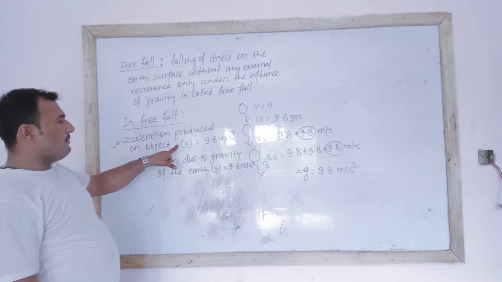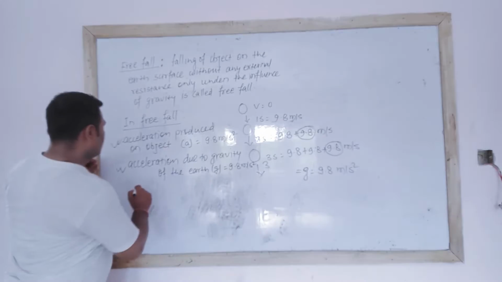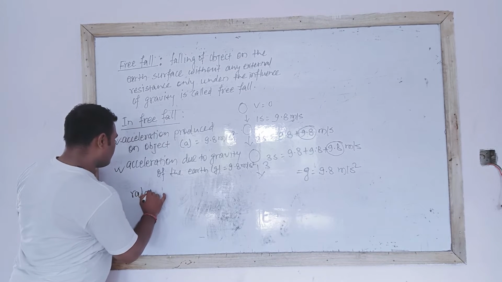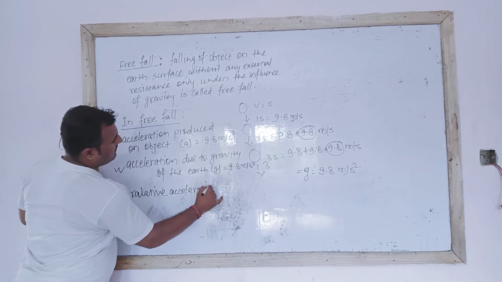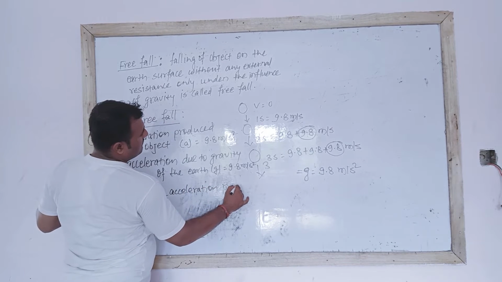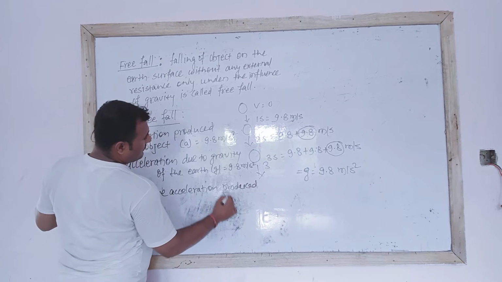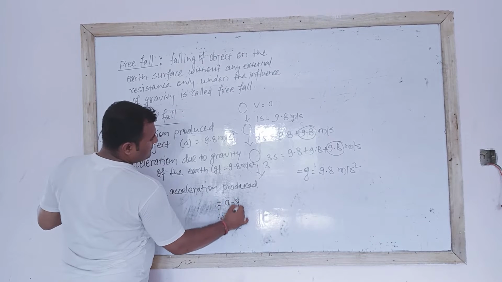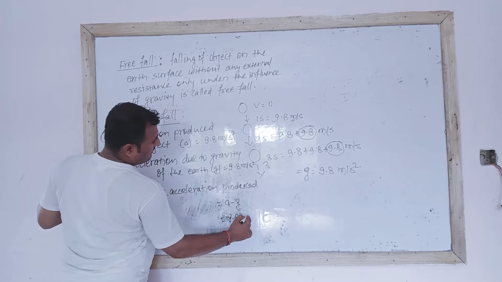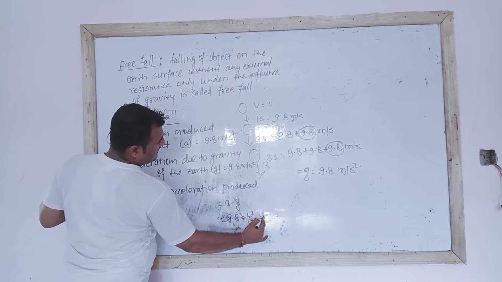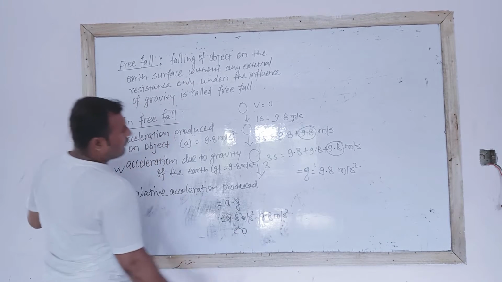Both are vector quantities, and therefore the relative acceleration produced is equal to a minus g, equal to 9.8 meter per second square minus 9.8 meter per second square, that is 0.